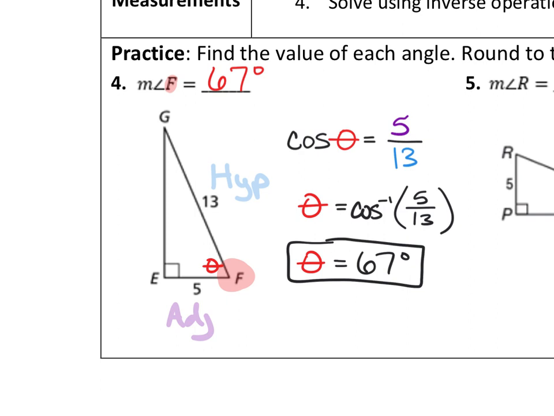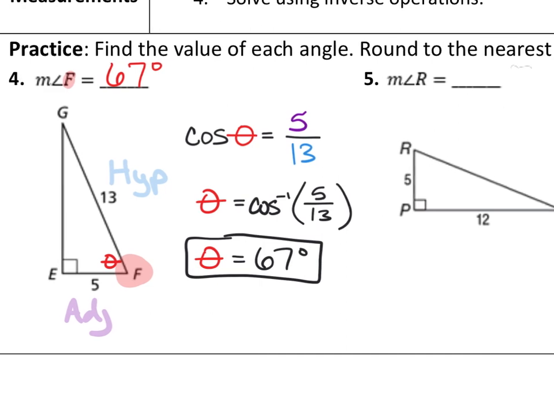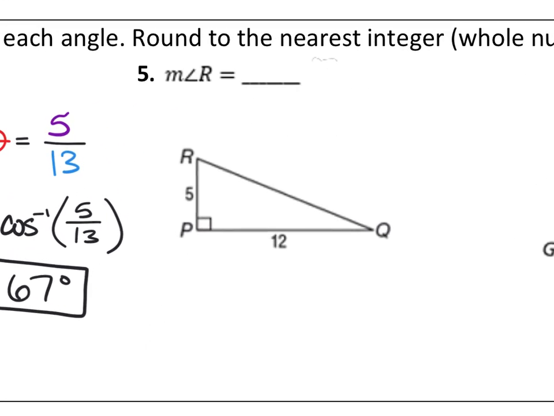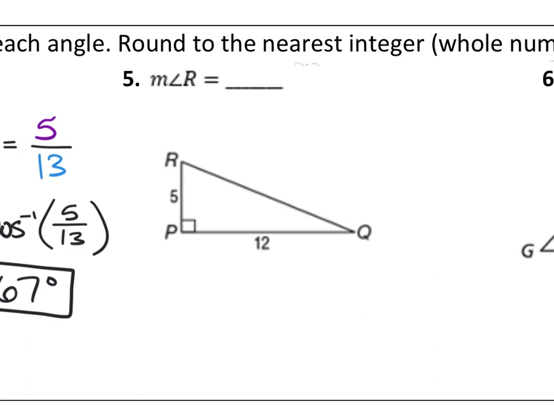We'll still do number 5 together, and I think I'm going to have you guys try number 6. On number 5, what angle am I looking for? Which one is it asking me for? R. So on angle R, the one labeled R, that's where I'm going to put theta so that I know what angle I'm looking at. Okay, compared to theta, what sides do we know?